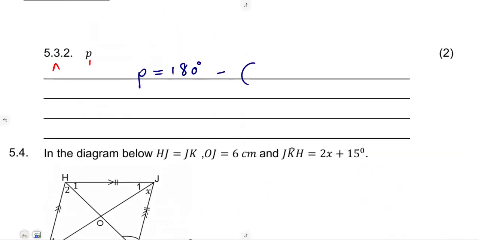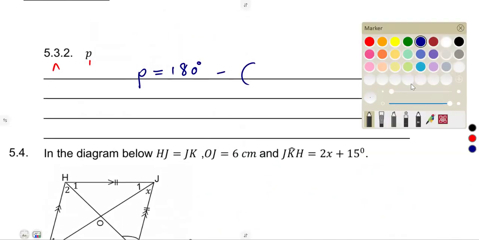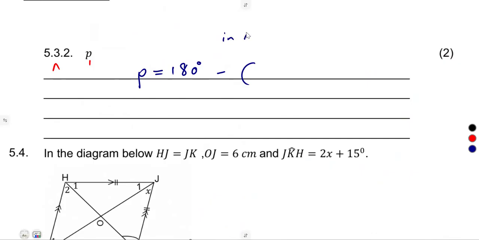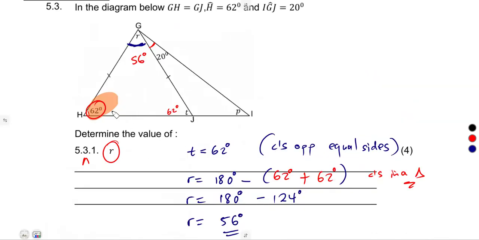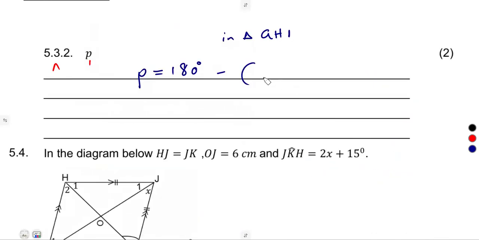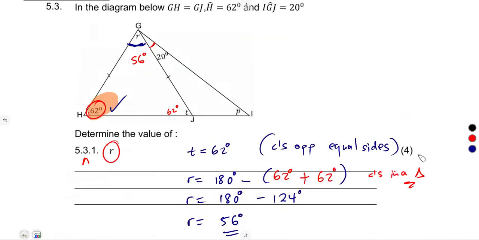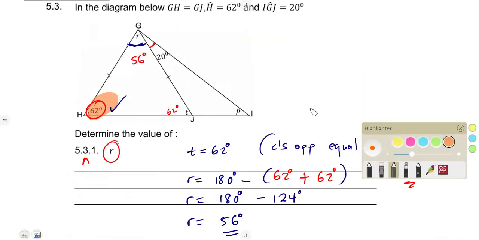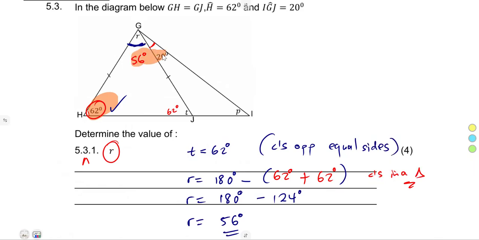We're going to subtract, like I said, 62 degrees, and also the angle at G. And the angle at G is the sum of these two angles.